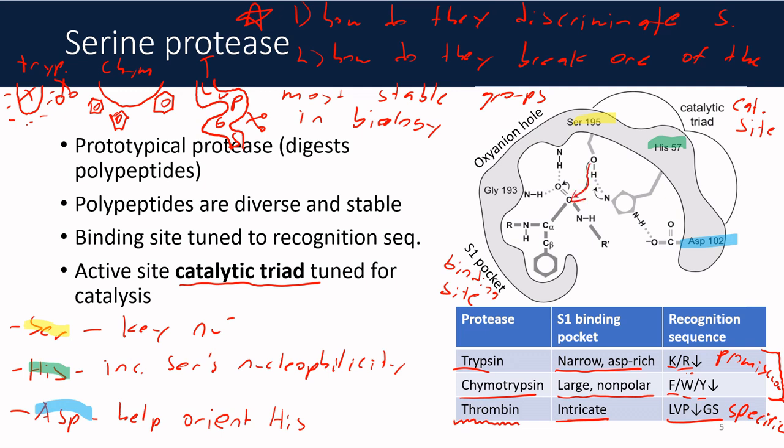And this aspartate, also through intermolecular forces, is going to help histidine facilitate this nucleophilic attack. If that doesn't make sense now, that's totally okay. There's a lot of information going on in this slide. What we are going to do moving forward is walk you through the steps that the catalytic triad performs to hydrolyze the amide bonds in our substrate.